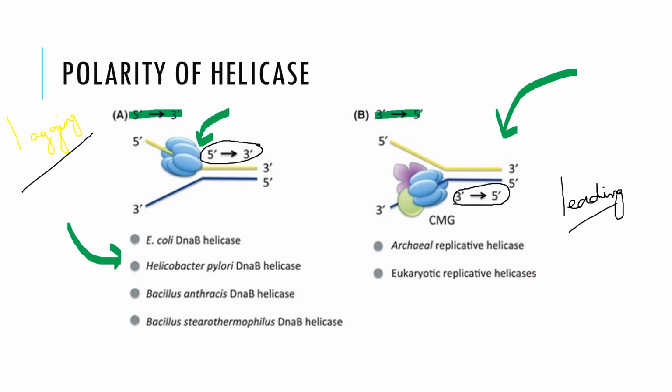These two things are very important. When there is a question regarding the polarity of the helicase, you should know the polarity of helicase in prokaryotes and eukaryotes, because they are different. In prokaryotes the polarity of the helicase is 5' to 3' direction, whereas in eukaryotes it is 3' to 5' direction.